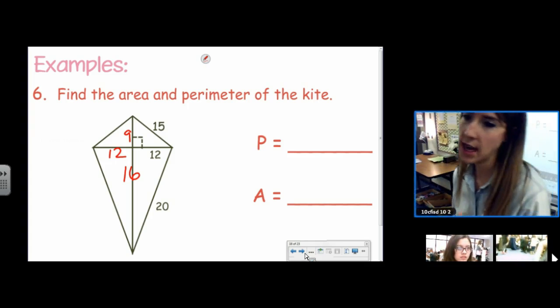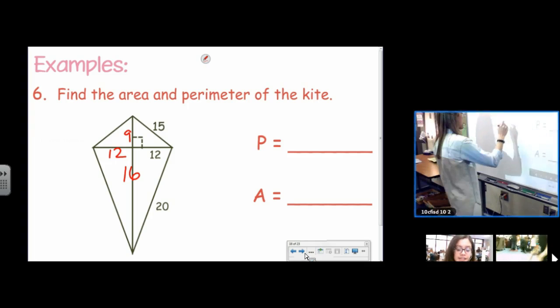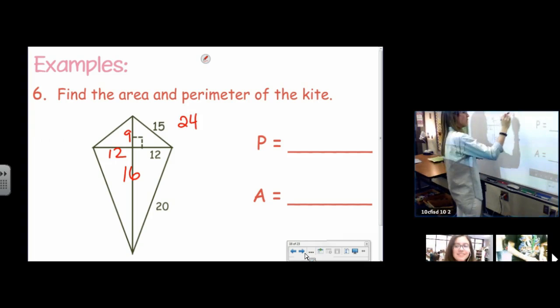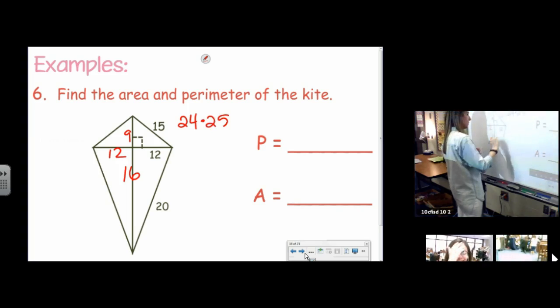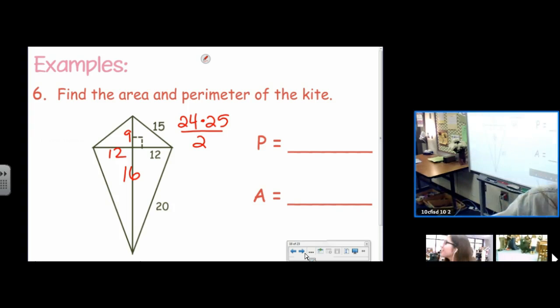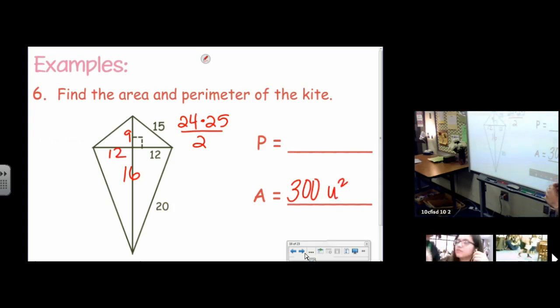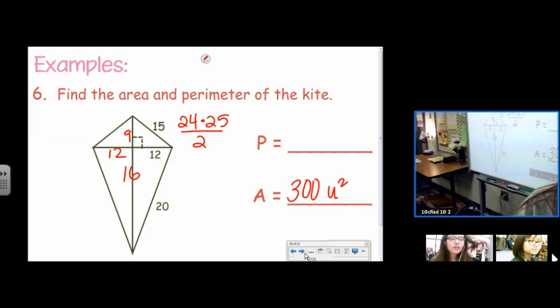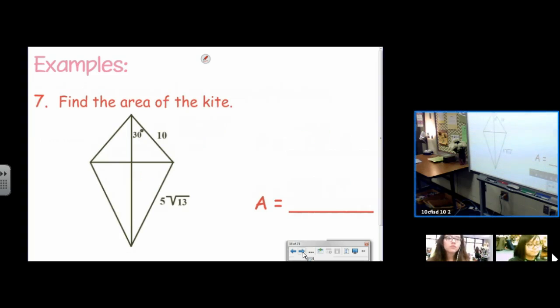One of the diagonals is the diagonal of symmetry. All right, so diagonal 1, 24. Diagonal 2, 25. Diagonal 1 times diagonal 2 divided by 2. What do we get? 300. And then the perimeter is kind of silly, but you do need to know a property of a kite, right? Two pairs of consecutive congruent sides. There we go.